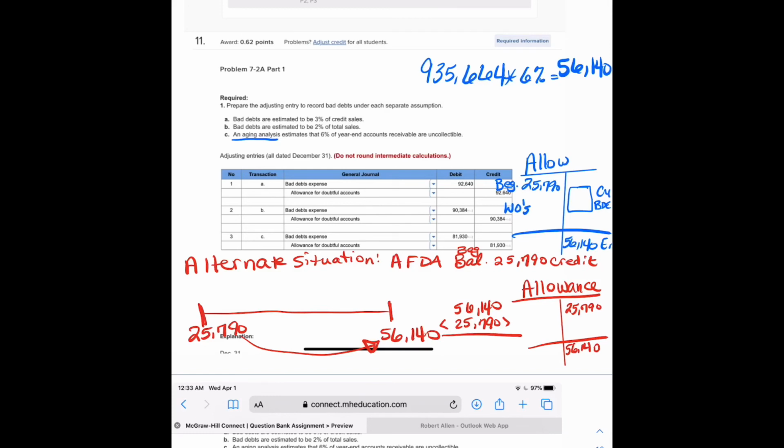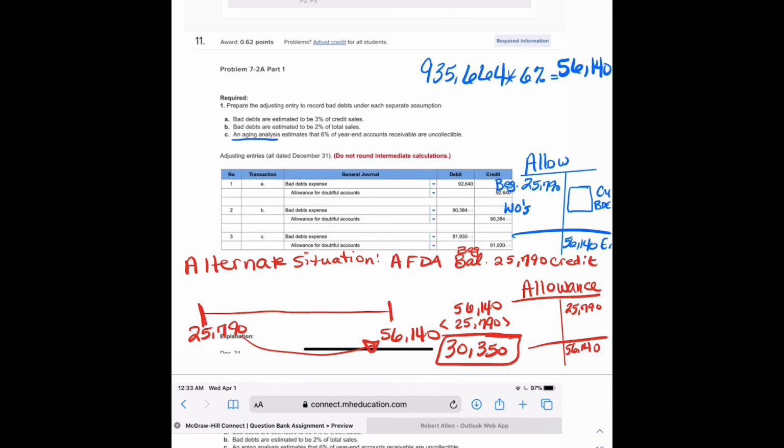I apologize, I did not do this beforehand, so I'm going to jump over to my calculator really quick. If I did the math correctly on my phone, the amount of adjustment I would need here would be a $30,350 adjustment instead of that $81,000 adjustment we saw previously.